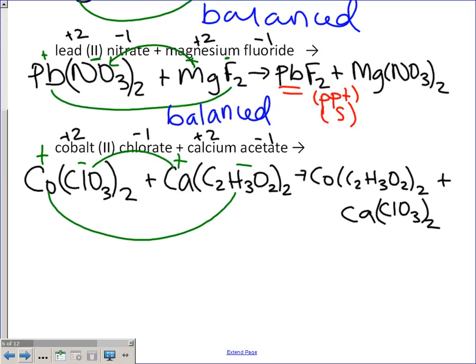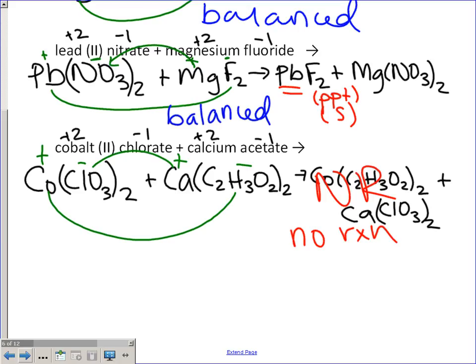So all chlorides, bromides, and iodides except silver, lead, and mercury. So calcium is not one of those. So actually both of these products are soluble. So I would actually just write NR or no reaction. If I do not form a solid, I cannot have a reaction.